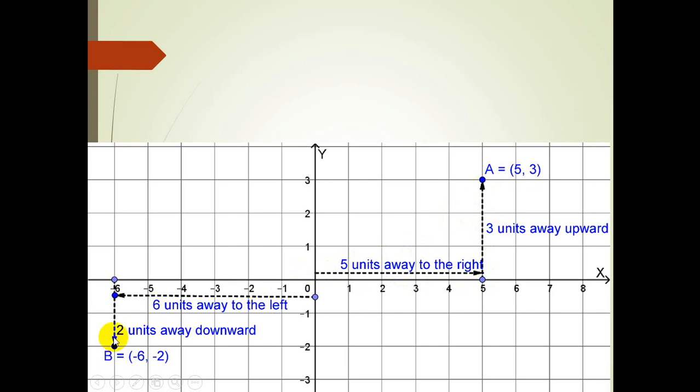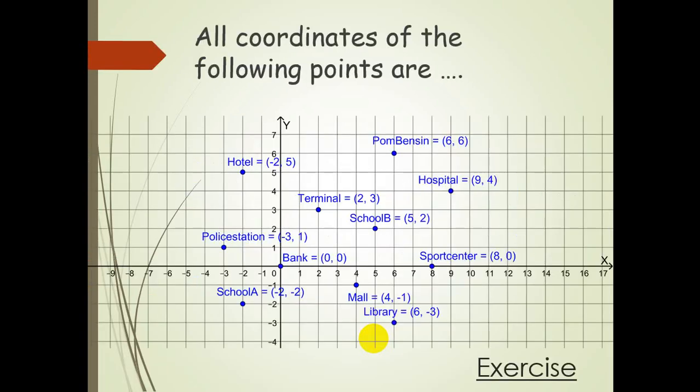And here point B is 6 units away to the left and 2 units away downward. According to this explanation, do you understand how to find the coordinates of every single point in the previous slide? Take a look again, back to the previous slide. Please think about it first and try to confirm yourself whether you have the correct answer.